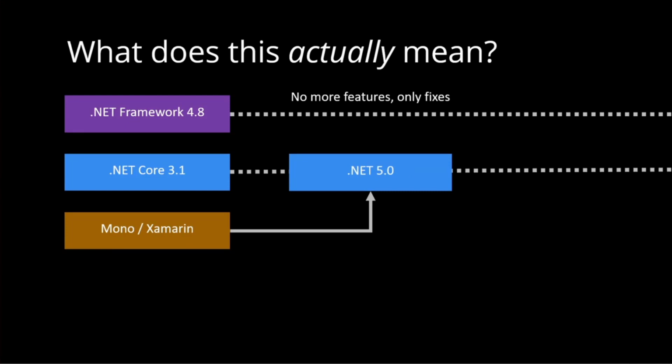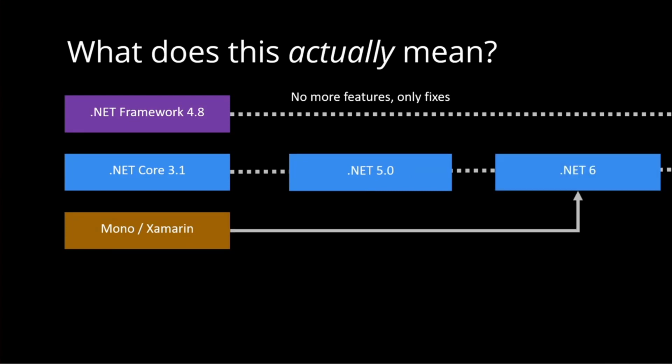So the idea that we landed on was, we'll name this .NET 5. And because of pandemic, because of the scope of trying to merge in Mono and Xamarin, we're going to push that out to .NET 6 and make that the focus of that long-term servicing release that's going to come next November.